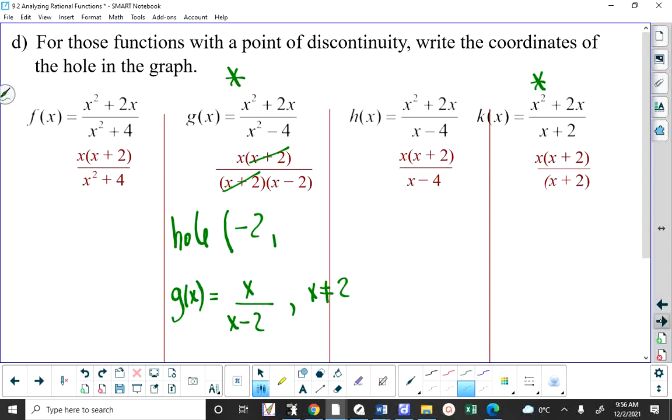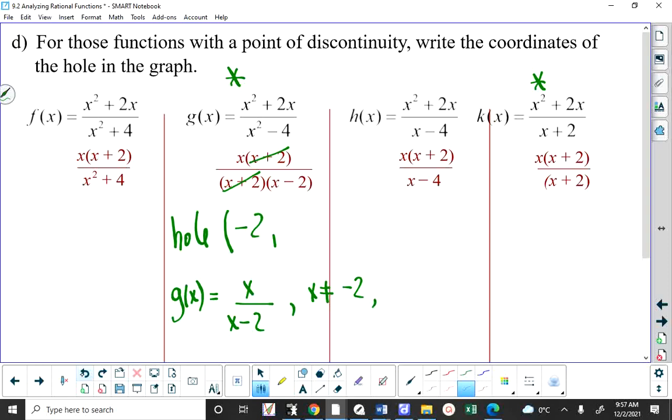this should be +2, shouldn't it? No. I double-psyched myself. It is -2 because it's the zero of the factor that cancels. So I need to put -2, even though I'm not allowed to put -2 in there. By the way, let me clean this up.